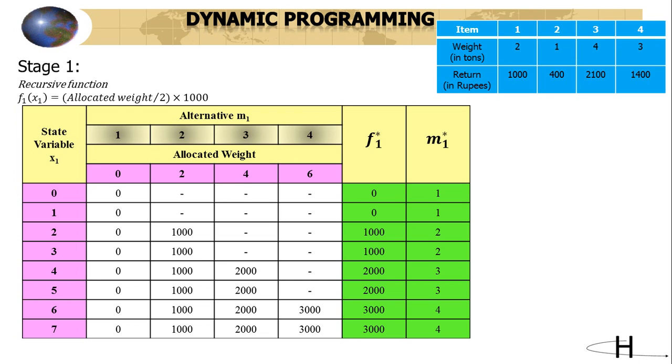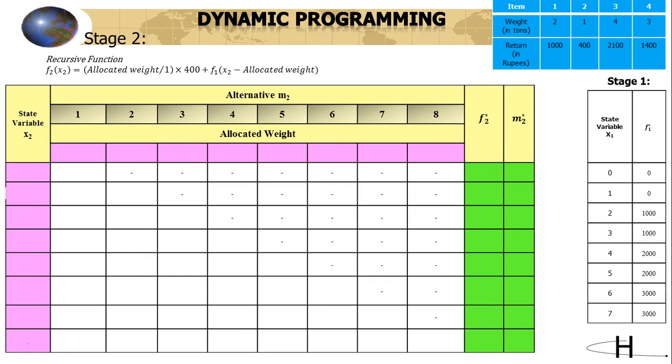Now let's move towards stage 2, where item 2 along with item 1 will be considered for the optimization. In stage 2, the recursive function will be allocated weight divided by weight of item 2, multiplied by the return of item 2, that is 400, plus the best recursive function value obtained in stage 1 with respect to the corresponding state variable.